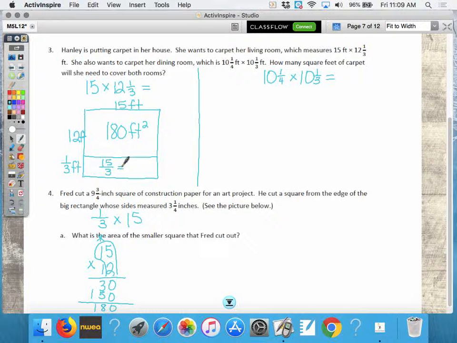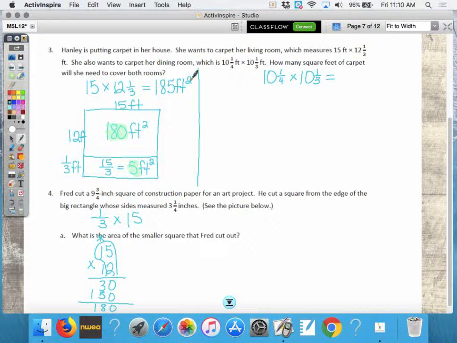What's 15 divided by 3? 5. So do I have a total for the living room? Yes. What am I going to add together to get my total here? 180 plus 5. So 185 square feet for the living room. Okay, get that written down.